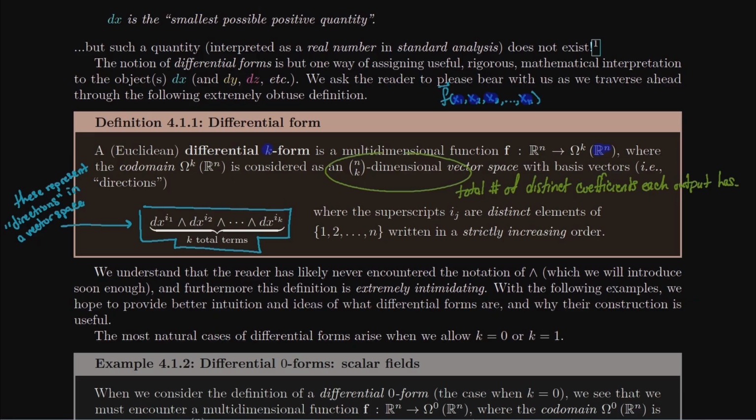And how many possible directions do we have? Well, we're going to form the directions symbolically, purely symbolically. We are forming the directions by including k total terms of the form dx with a certain superscript. I'm using a superscript here, but the superscript corresponds exactly to the subscript in my variables. So dx with one of the superscripts, another dx with another possible superscript.